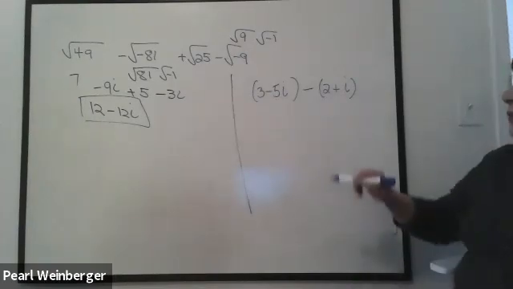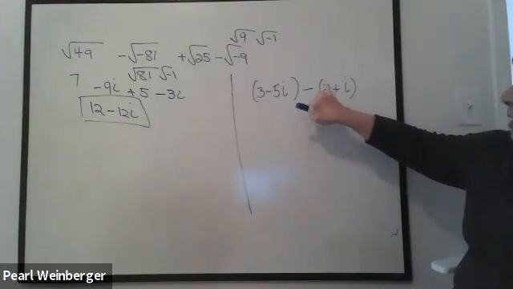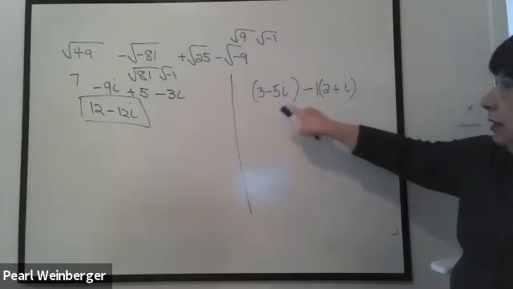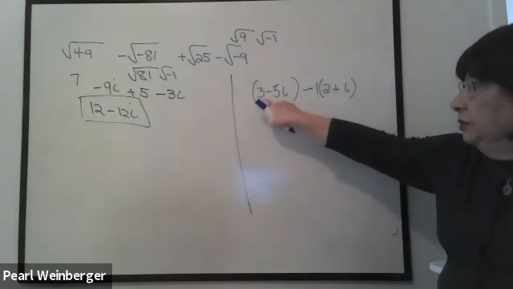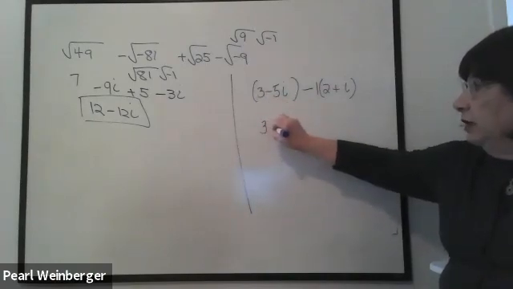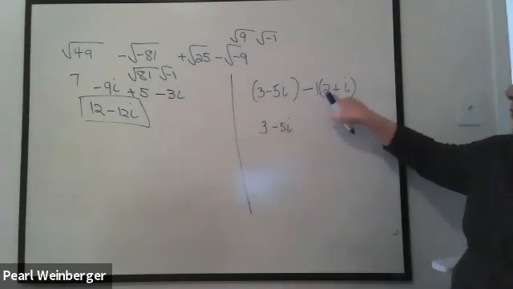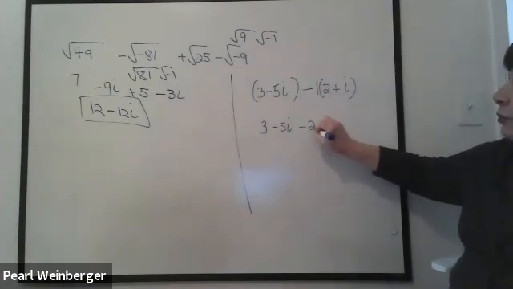Okay, I think we had enough time with this. Remember, when we have a minus in front of a parentheses, it's as if we're multiplying by a -1. So first of all, this just stays 3 minus 5i. This becomes -1 times 2 is -2.